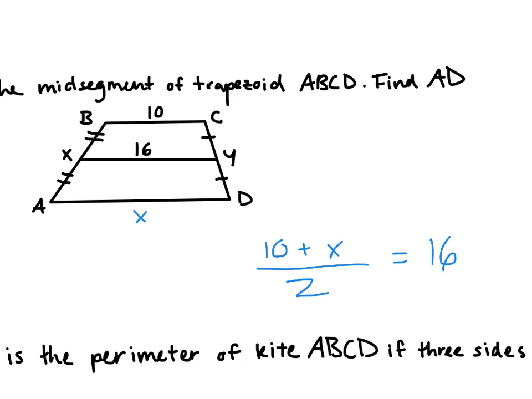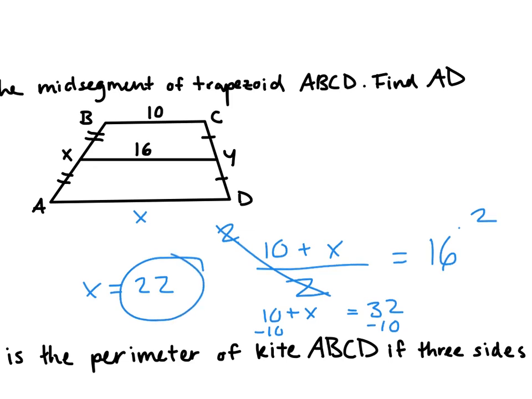The left side is being divided, so how do we get rid of that 2 on the bottom? Multiply. So we need to multiply both sides by 2. It cancels out on the left side, so we get 10 plus x is equal to 32. Now what do we do? Subtract 10 from both sides. So we get x is equal to 22. So the length of AD is 22.